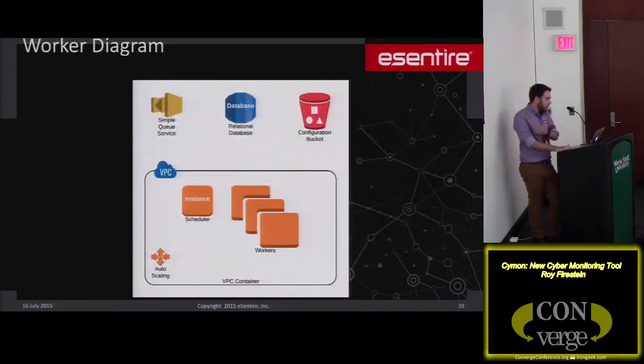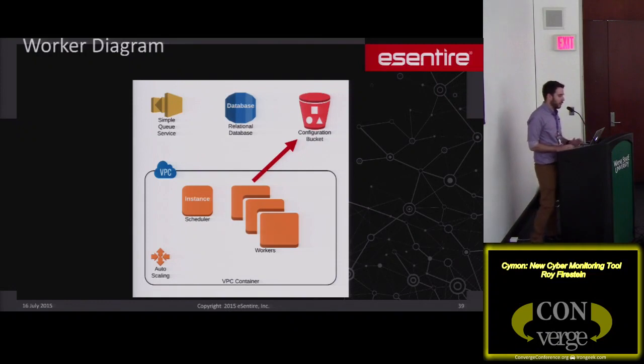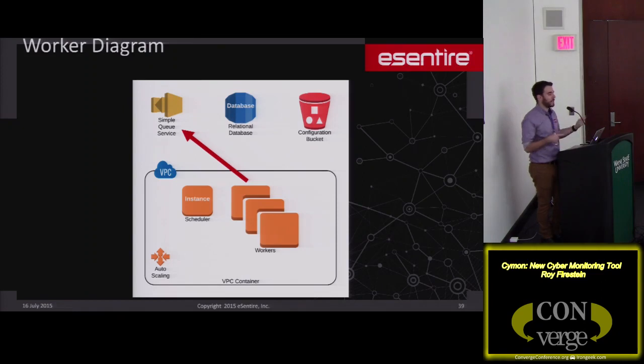For the workers, it got really interesting developing it, but the easiest way to explain it: when there's a new task and there are no workers present, a new one is created by Amazon. They spin up a new virtual machine, which connects to the S3 configuration bucket, downloads everything it needs to run all the startup scripts and specific configurations, and then starts connecting to the central queue system, which stores all the jobs.